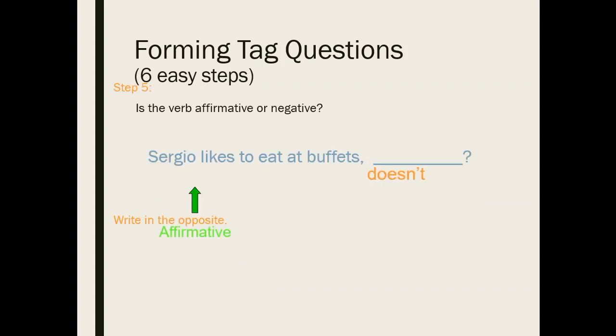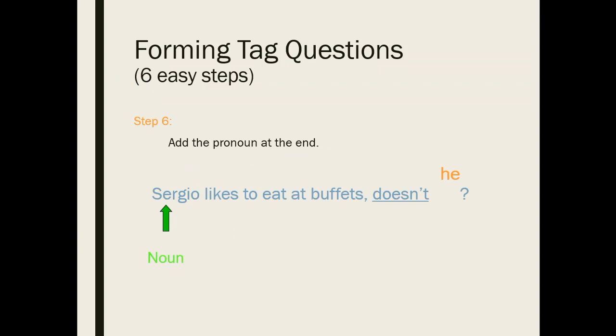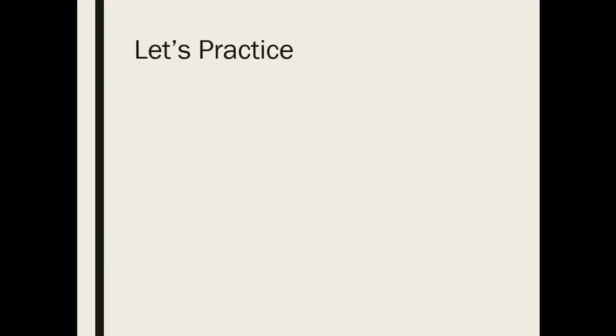Likes is the affirmative, and we use the negative doesn't, and we use the pronoun he. Sergio the noun, so the reference to that goes back to Sergio is the pronoun he. Doesn't he? Sergio likes to eat at buffets, doesn't he? Let's practice.